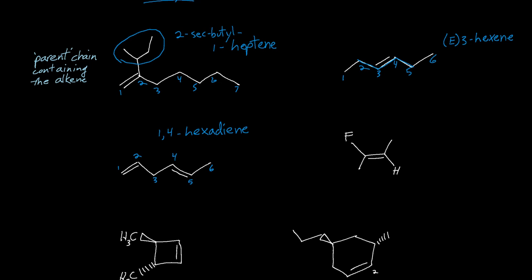Hexa, 6, diene at 1 and 4. And there's E or Z stereochemistry here. Looks like Z, so it's E, so it's E-1,4-hexadiene. And you don't really have to define the alkene at 1 because it doesn't have E or Z.